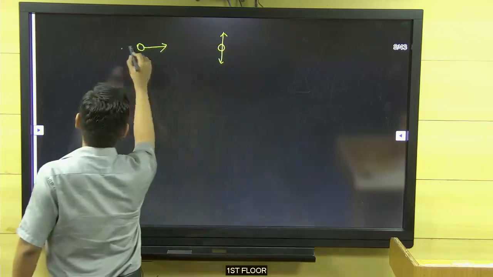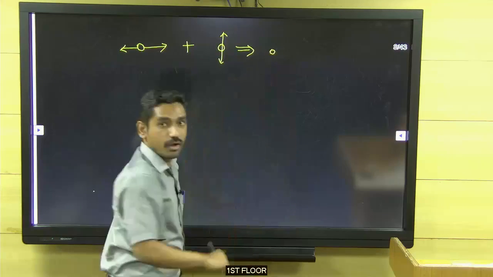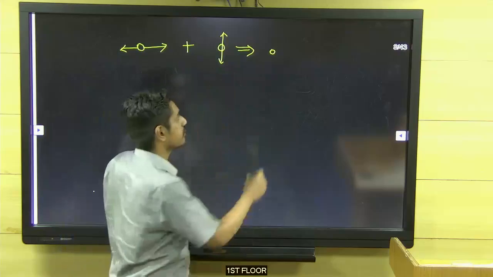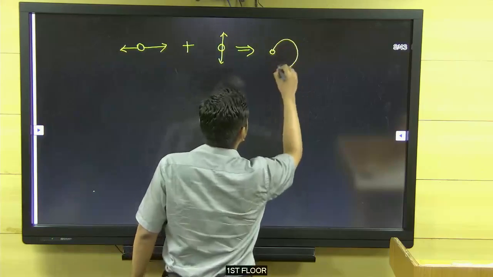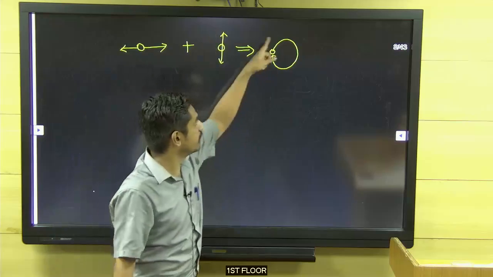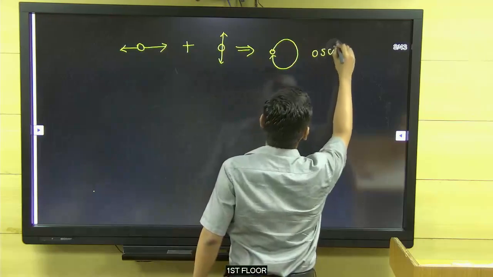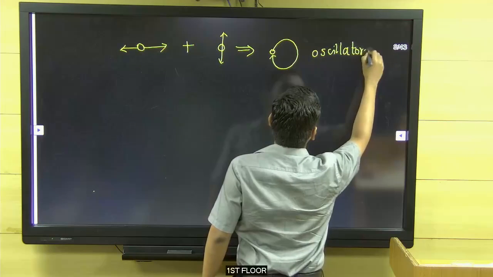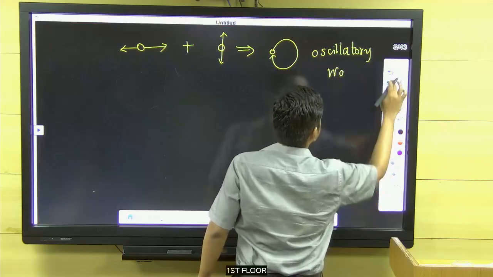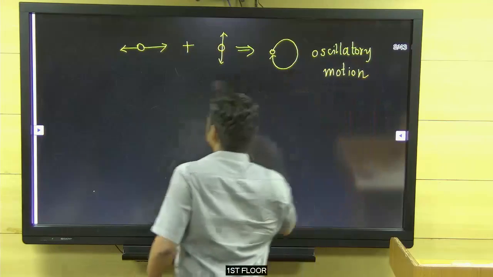It combines both horizontal oscillation and vertical oscillation. One particle will move like this. Not only horizontal, not only vertical, like this. This is called oscillatory motion. This is what happens in your wave. Now let me represent using several molecules.